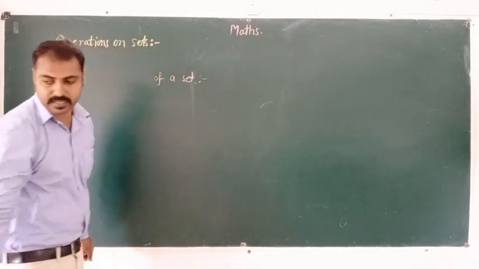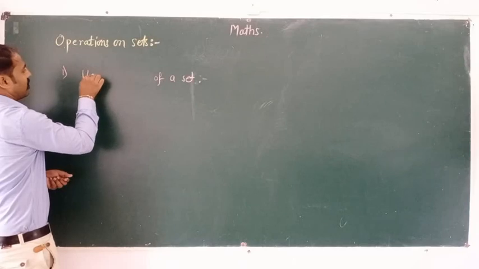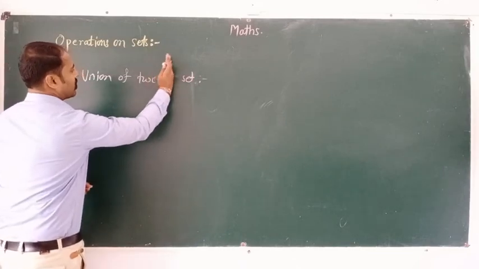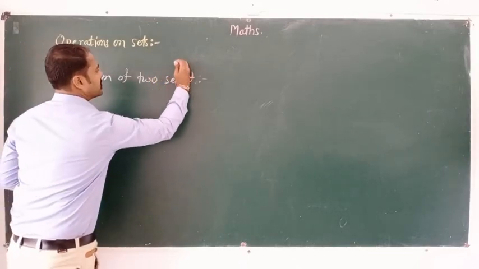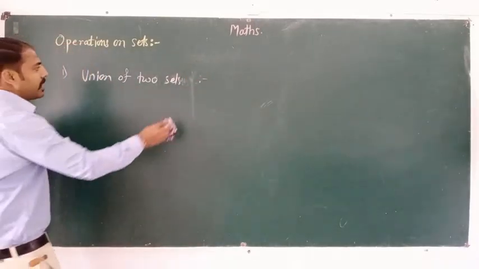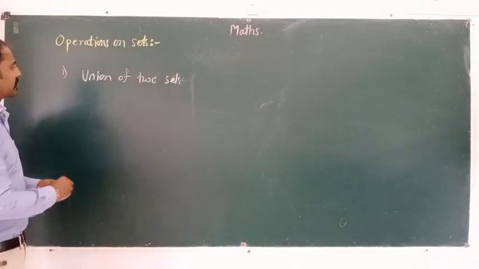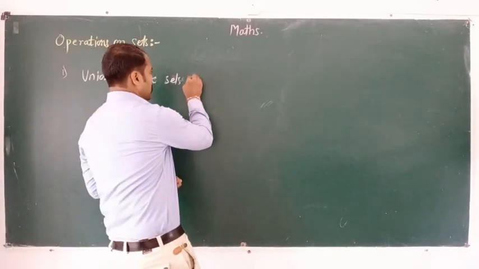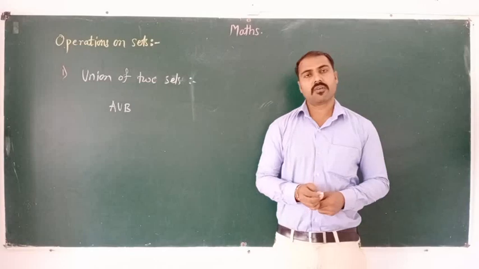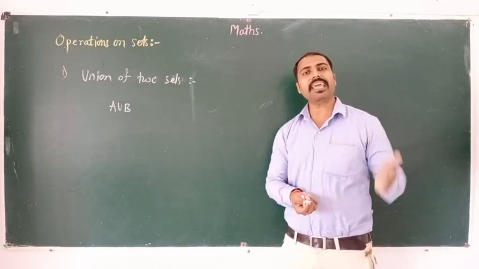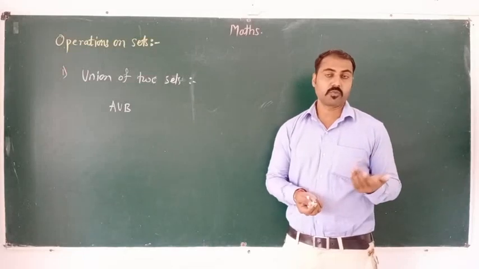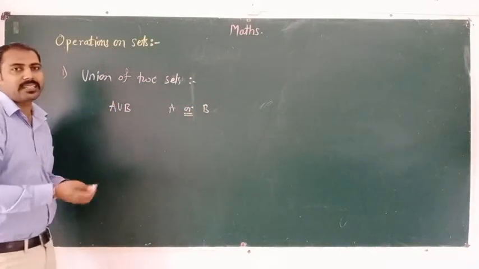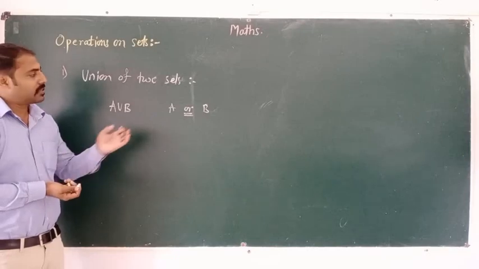The union of two sets is denoted by A union B, and is defined as the set of all elements which are in A or in B. Here, or is taken in the inclusive sense: A or B or both.